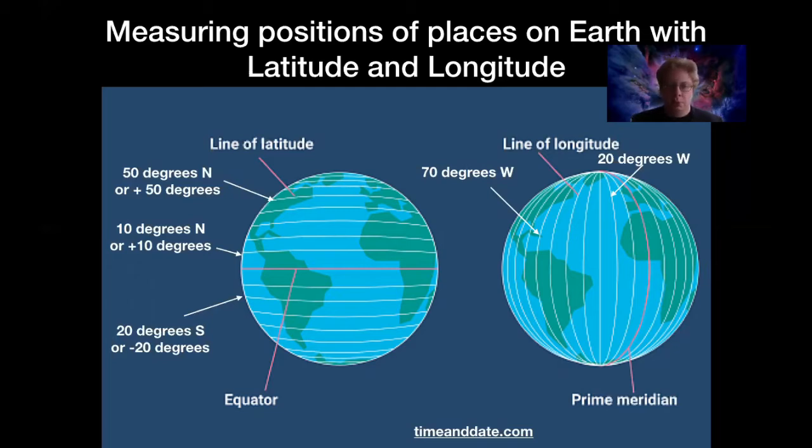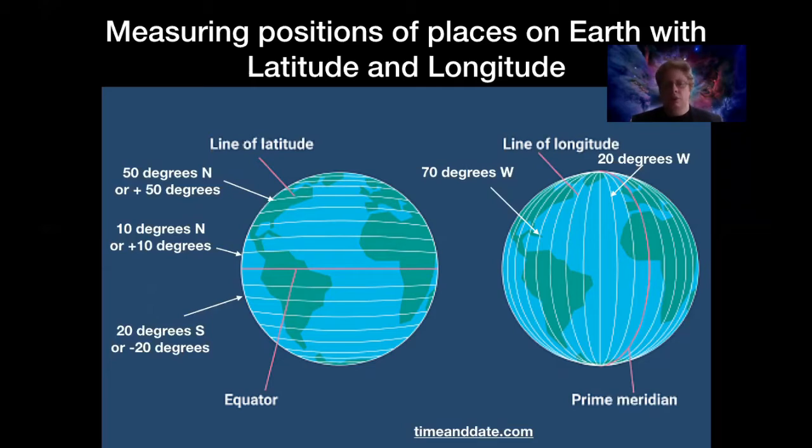If you count up a few more, you go up to 50 degrees north, or plus 50 degrees. We usually say that north is positive and south is negative, just because that's the way we've defined our coordinate systems. So if I were to go below the equator, I could go 20 degrees south, which would also be negative 20 degrees.